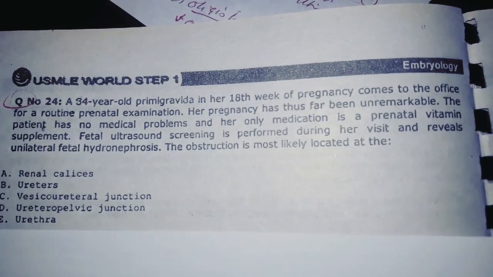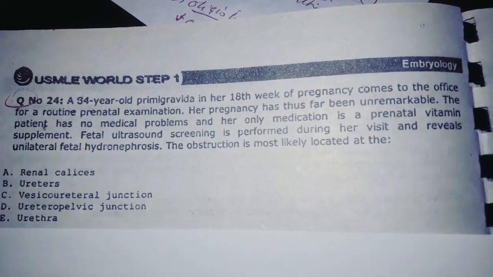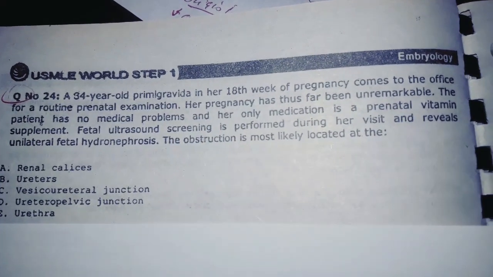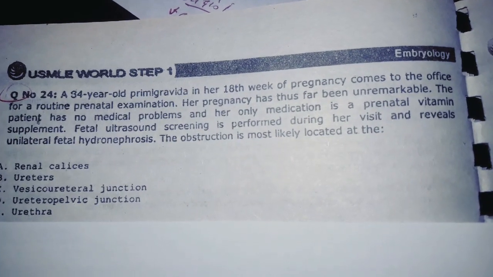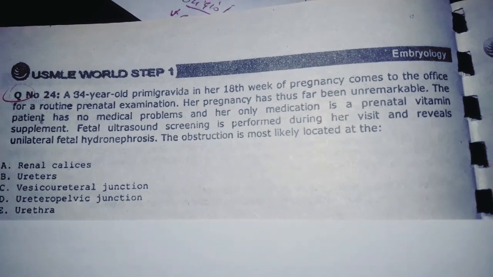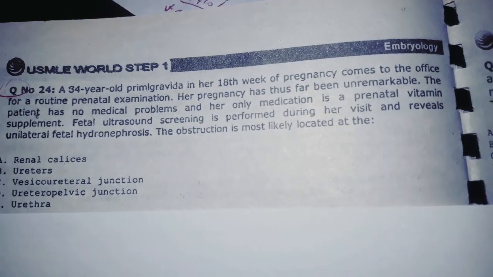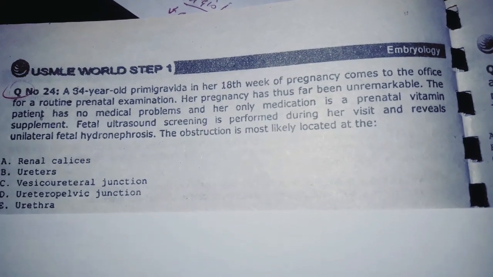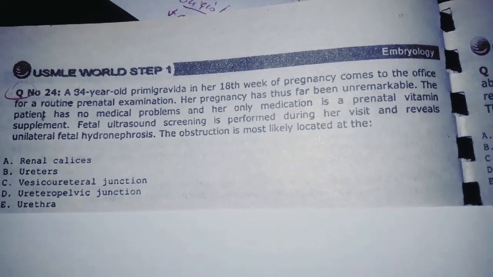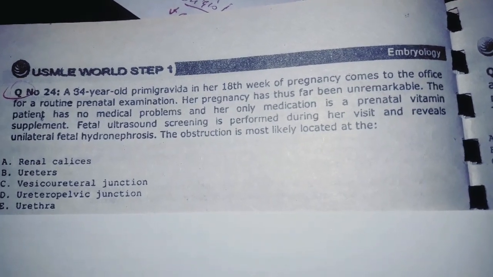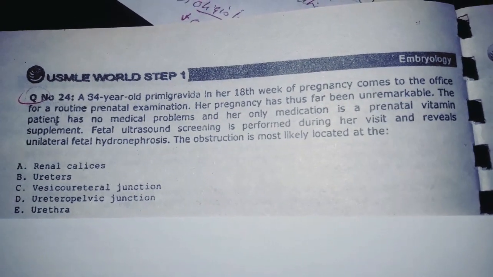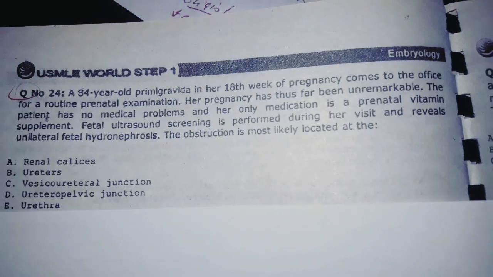A primigravida in her 18th week of pregnancy comes to your office for a routine prenatal examination. Her pregnancy has thus far been unremarkable, the patient has no medical problems, and her only medication is prenatal vitamins. Fetal ultrasound screening is performed during her visit and reveals fetal hydronephrosis.